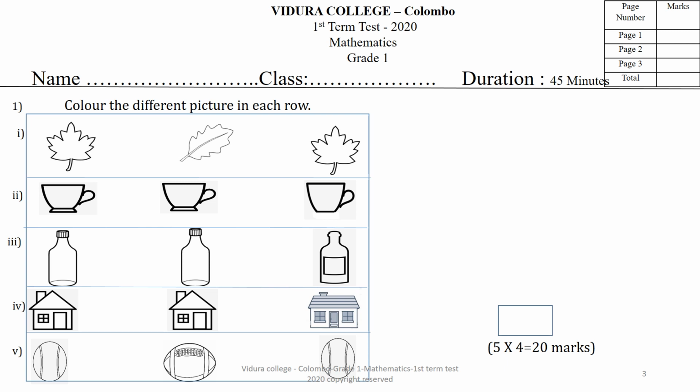Okay. Shall we go to the third one? Right. Keep your finger on Roman number 3. In this line, there are 3 bottles. And from these 3 bottles, one is different. Now color the different one.